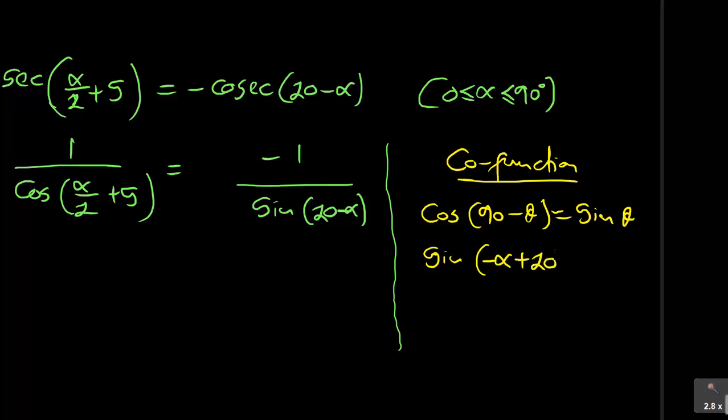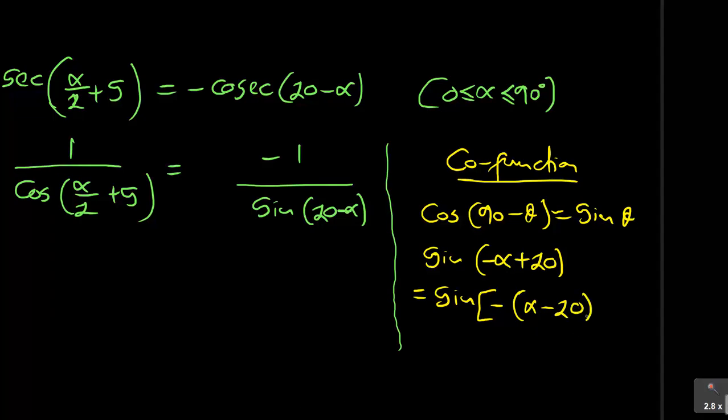Now if I take out a negative, it will be sine, and then I factorize a negative outside, so it will be alpha minus 20.